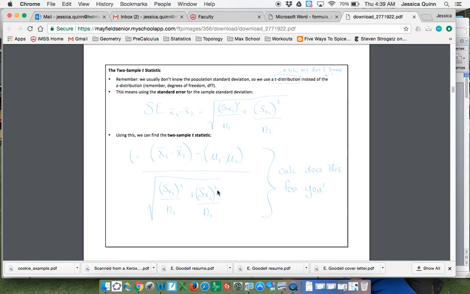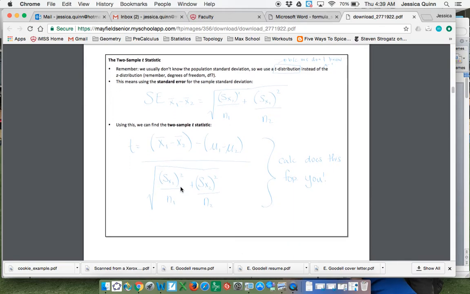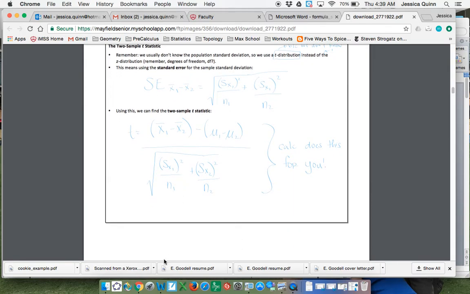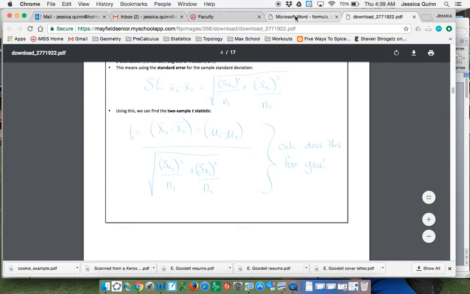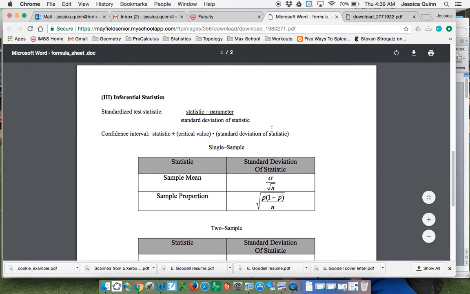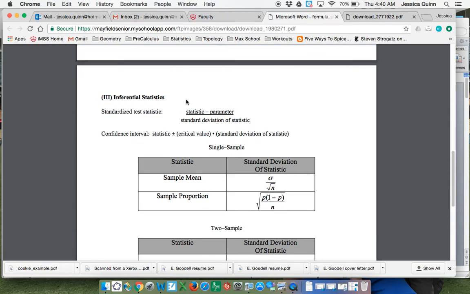And then this right here, this formula for the two sample t statistic, again, if we go to the formula sheet, this is the standardized test statistic format for all of these things we've been doing. Anytime you're finding a z-score or a z-star critical value or a t-star critical value, this is the general formula that we're using.